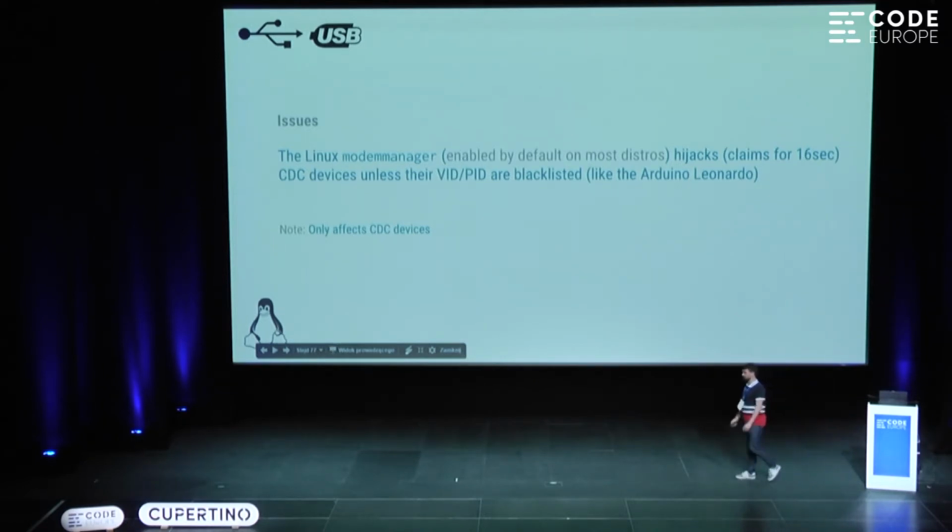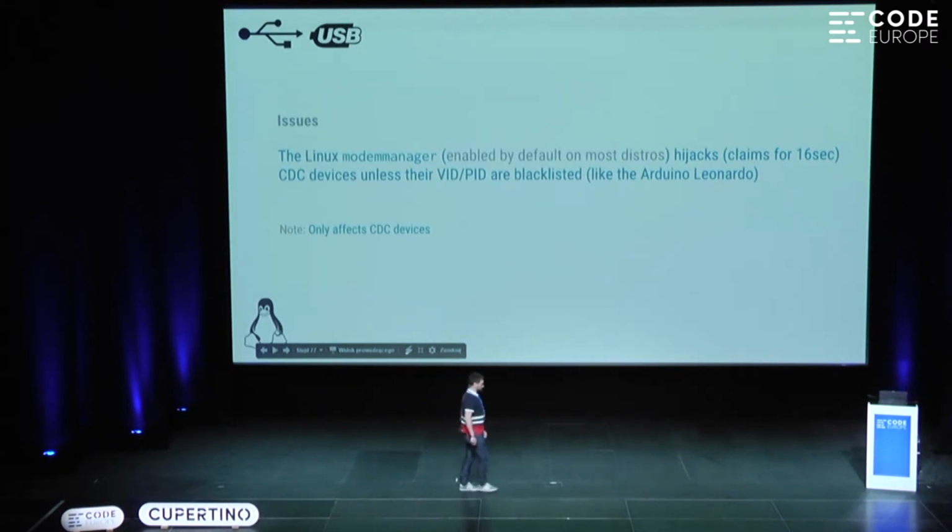Maybe you're really excited now and want to go home and play with this, so I just wanted to point out that there are a few issues with USB in general, especially platform support. A lot of people like using serial connection because it's easy. It's send data, receive data. It's really, really nice. But on Linux, there's something called ModemManager, which really hijacks USB devices. I spend a lot of time waiting because it hijacks for like 16 seconds. It just takes your device and says, no one else can use it.